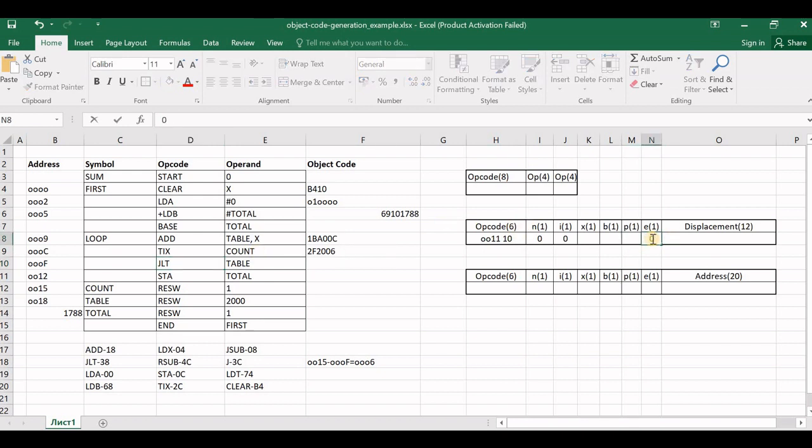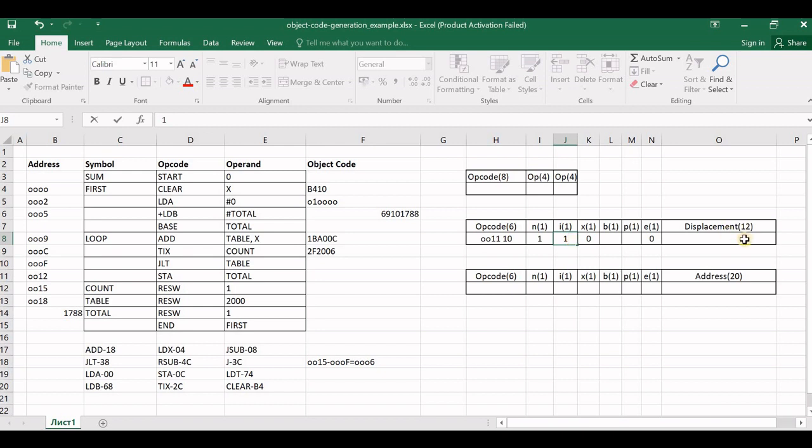Now check which addressing mode the instruction is in. The instruction is not in indirect addressing mode, it is not in immediate addressing mode, and it is not in indexed addressing mode also. Now according to our rule, the N and I values both cannot be 0 at the same time. Make both of them 1 1.